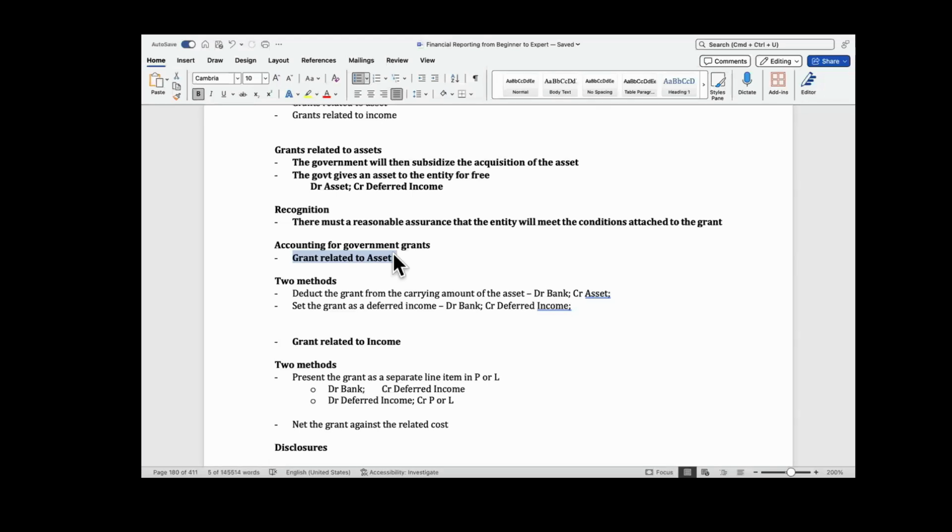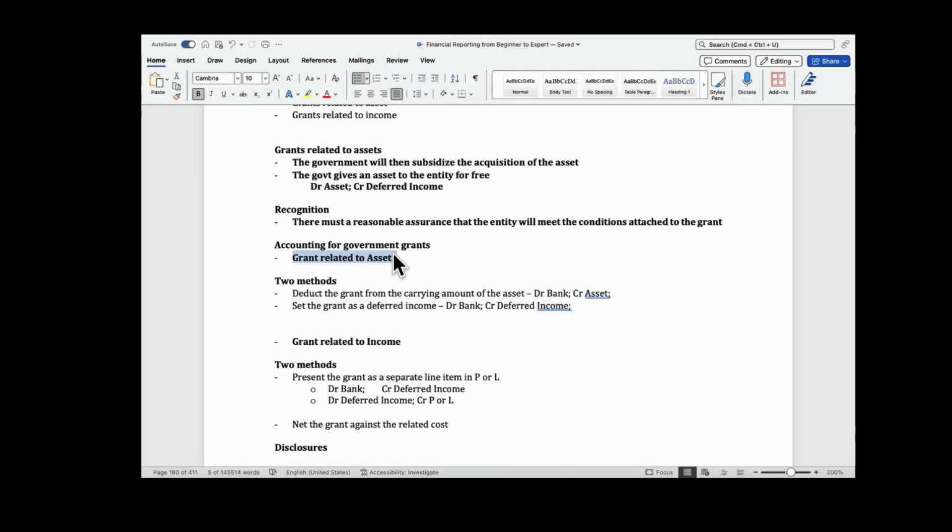So a grant related to income is any other grant. Like I've mentioned before, if the government gives you a loan below market interest rates, or gives you some money to train your staff, that money that you collected from government is a grant related to income.